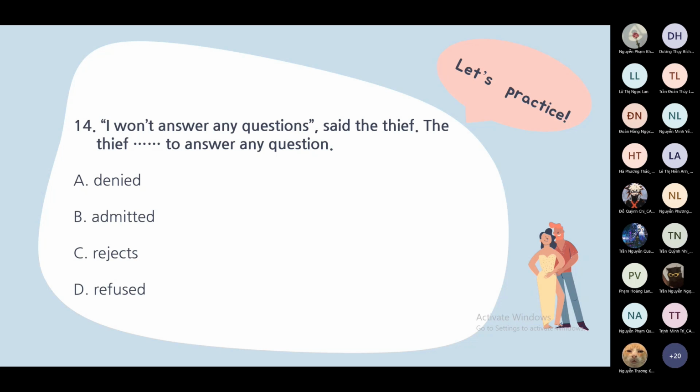Does anyone want to do this question? So I will call your number because I don't see anyone volunteer to do this question. Can number 4 do this question for me?